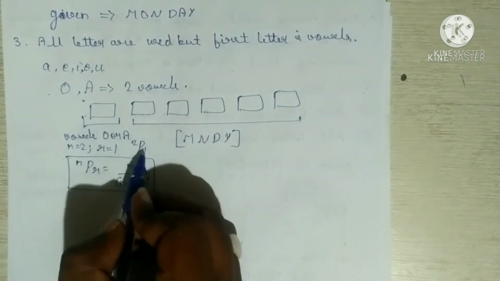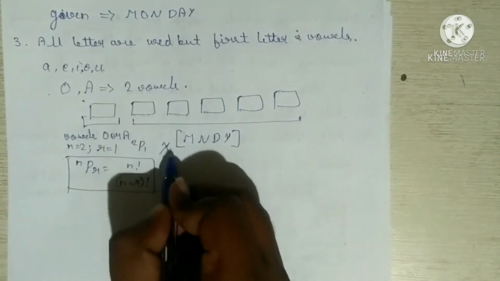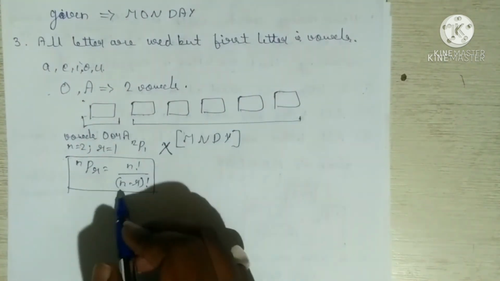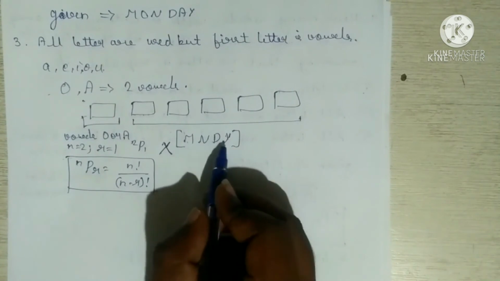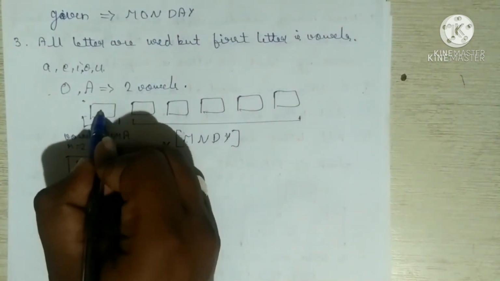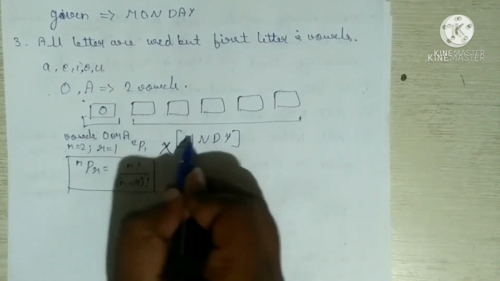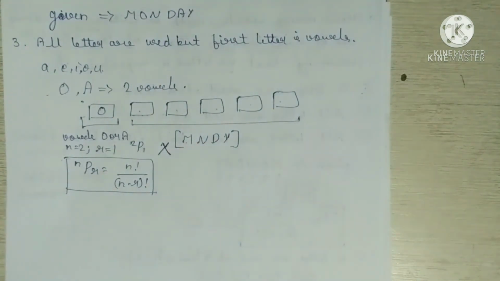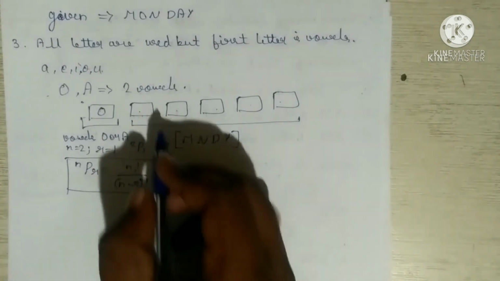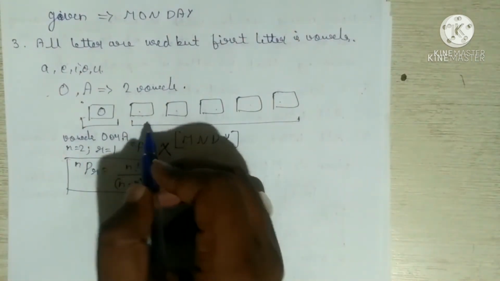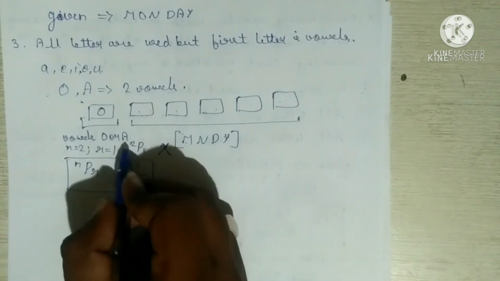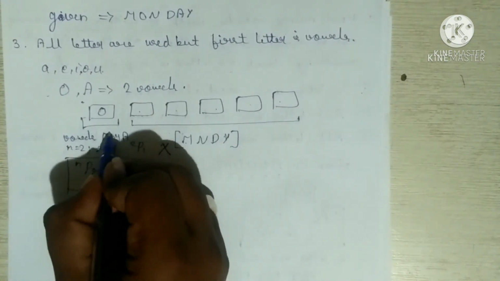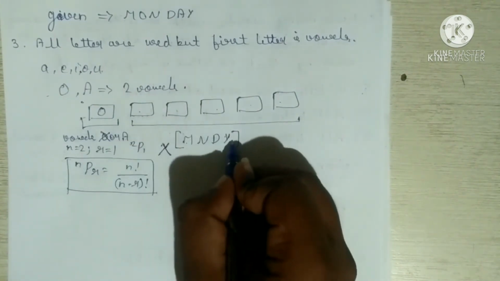Then into the remaining 5 letters. If O is here, cancel this O, and A will come to this side.